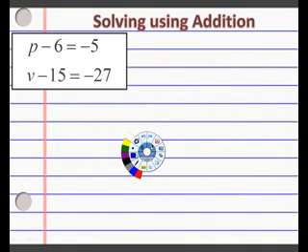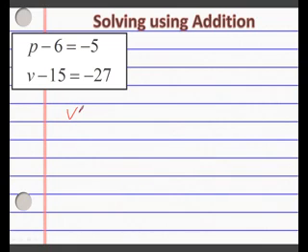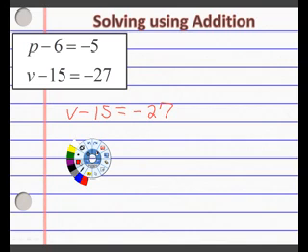Alright, next problem is v minus 15 equals negative 27. So I look at the side with my variable, and I look at that constant, that number with no variable, and it's minus 15. So the opposite of minus 15 would be plus 15.